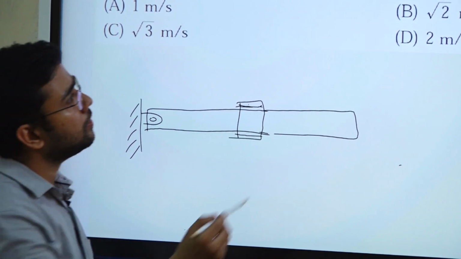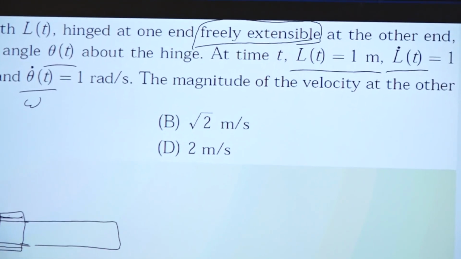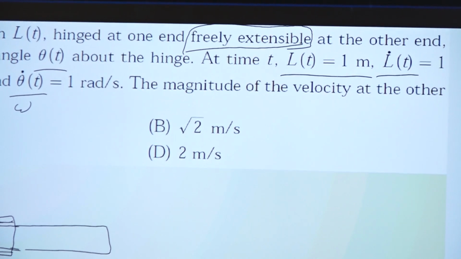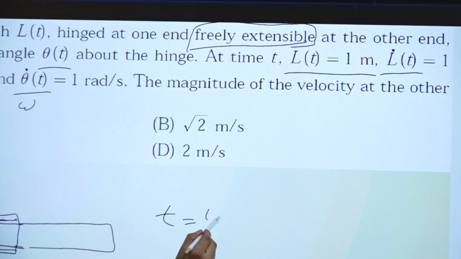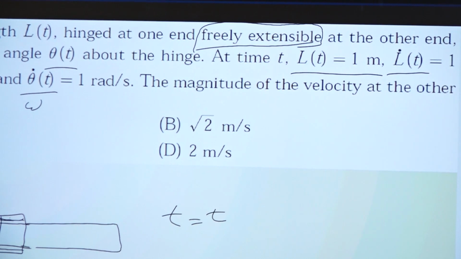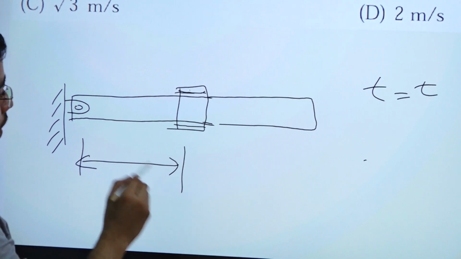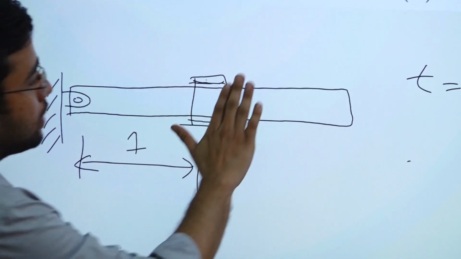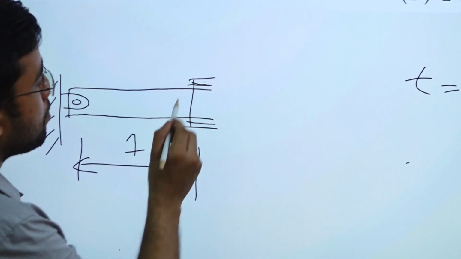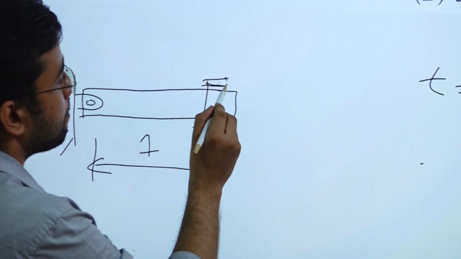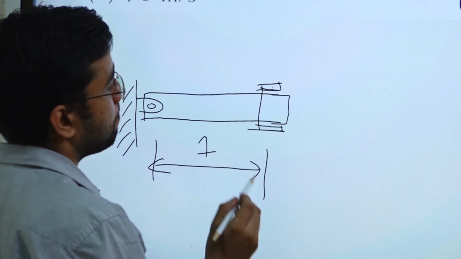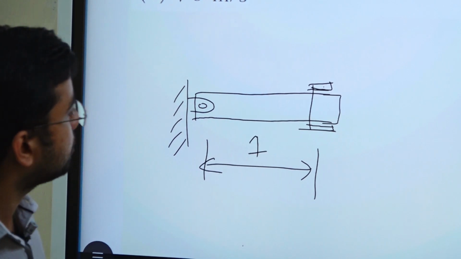What is given? L(t) is equal to 1. Suppose right now the time is t, and L(t) is equal to 1, so the length of the rod is 1 meter at time t.